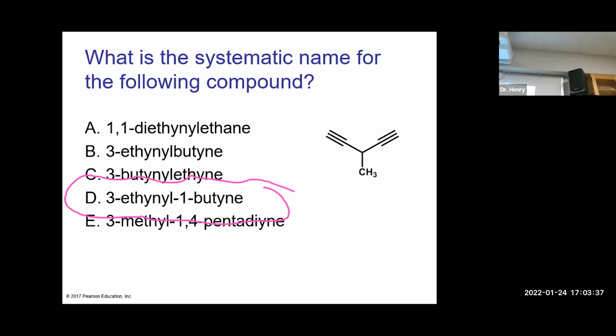So what is the systematic name of the following compound? You said B? Did you say D?